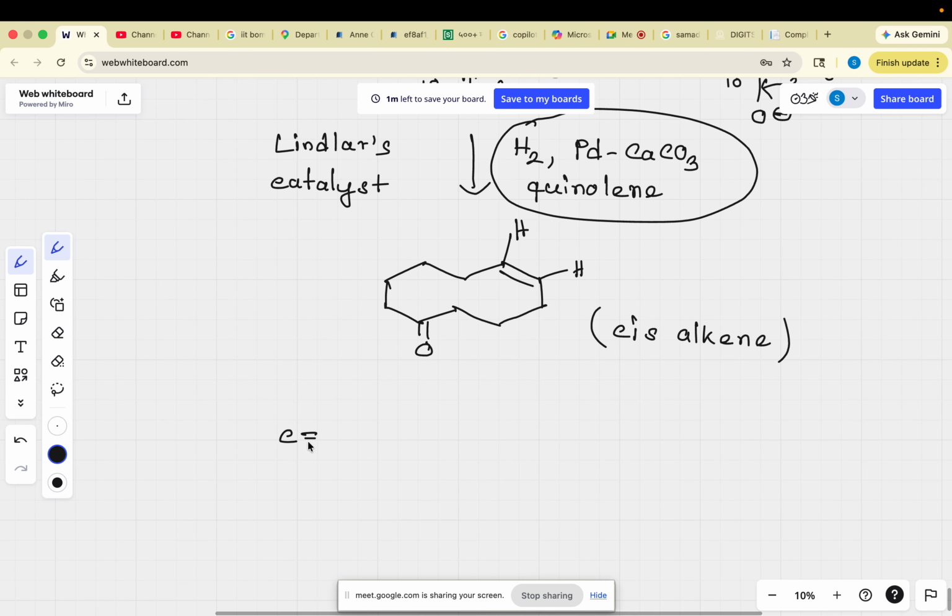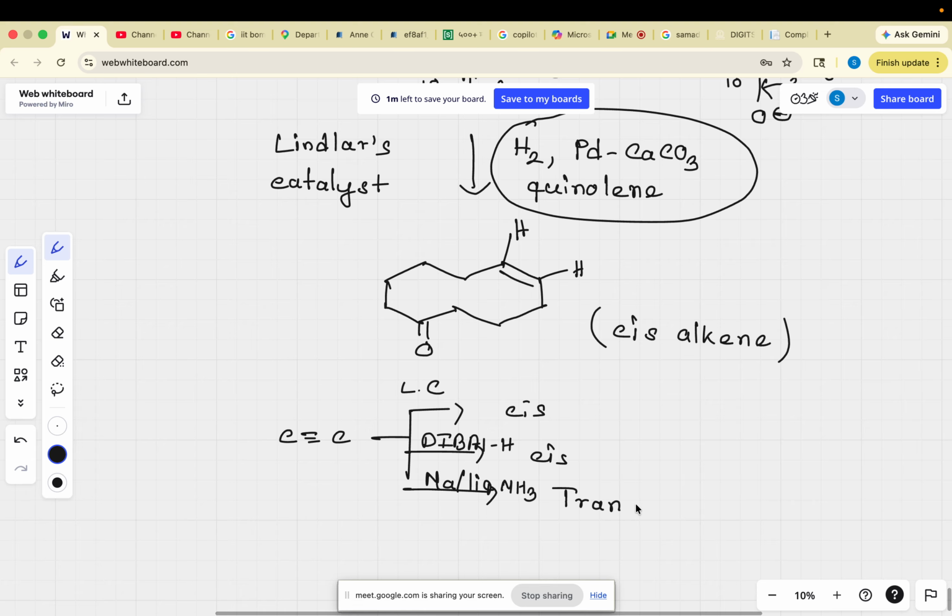Suppose you have carbon triple bond carbon. Dival H, correct. So one thing is your Lindlar catalyst, you will get cis alkene. If you use your Dival H, that time also you will get your cis alkene. If you use sodium liquid ammonia Birch reduction, that time you will get your trans alkene. So this you have to practice.